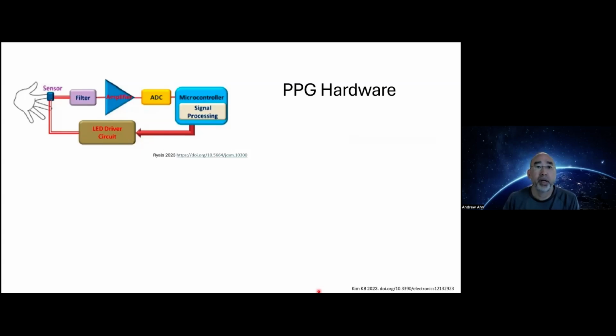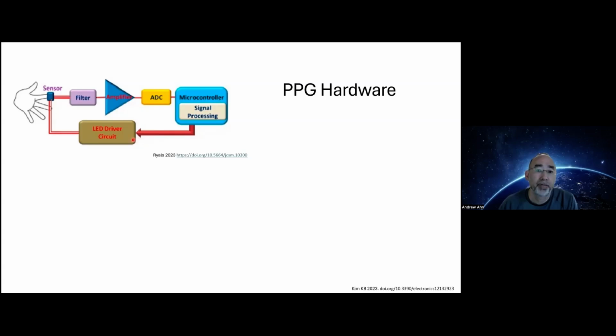Now, the core part of the PPG hardware incorporates a number of components. The first part is the light emitting diode for emitting the light. Then you have the photodetector for detecting the emitted light, a filter to remove noise and enhance signal quality, an amplifier, an ADC or analog to digital converter, and a microprocessor that processes the signal.